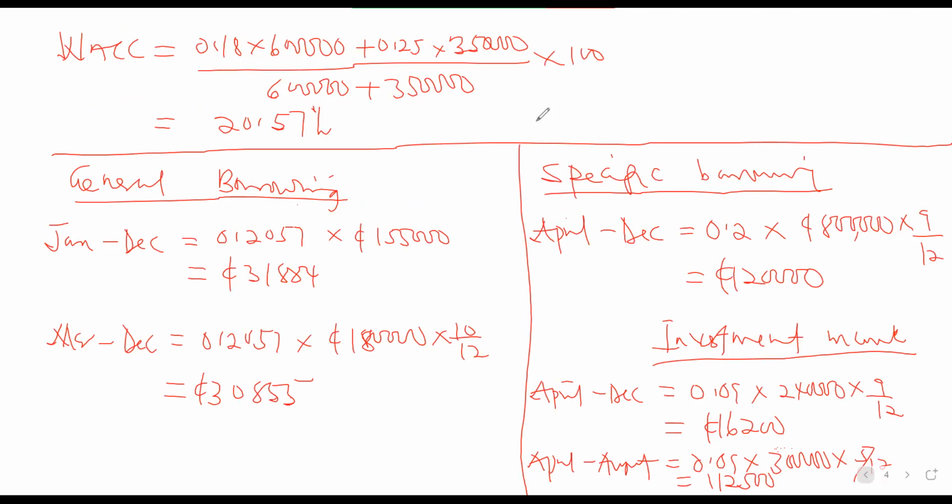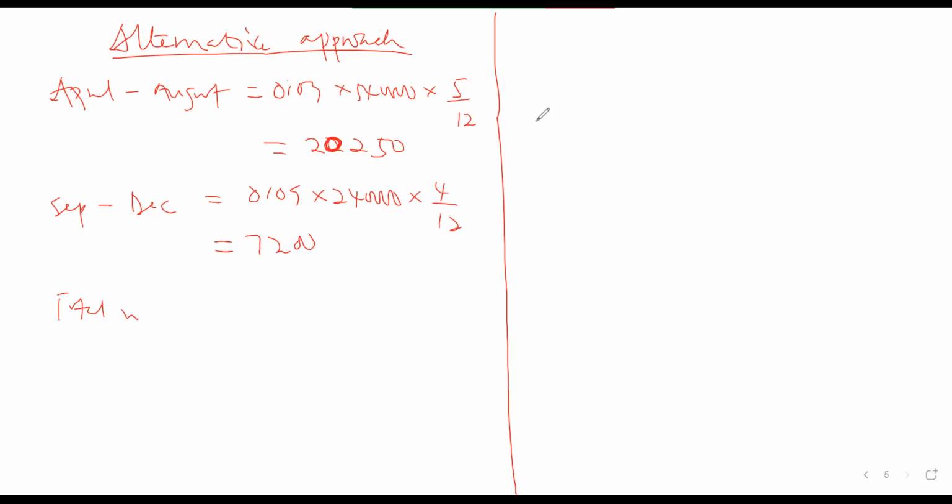Okay. So our total interest income will be, you can take any of them. So let me just take this one since this is the one that I have over here. So we have 27,450.